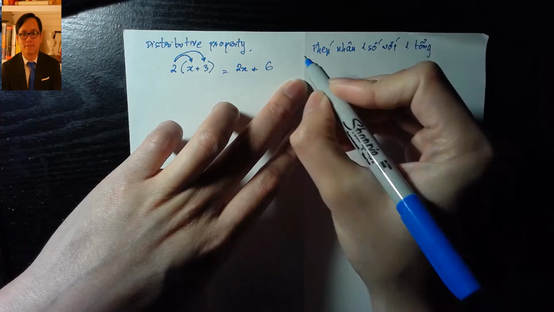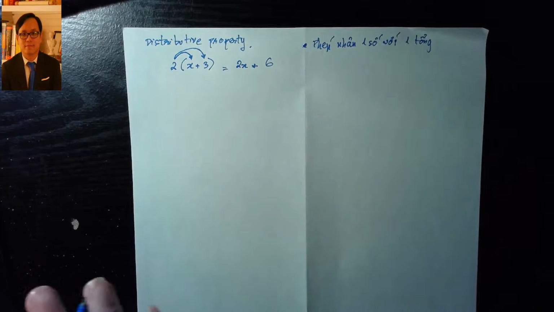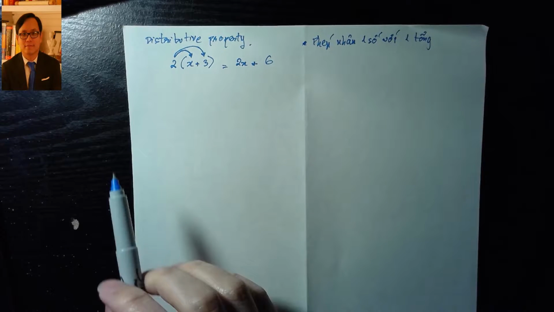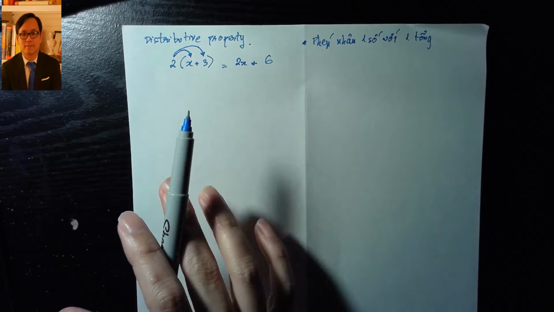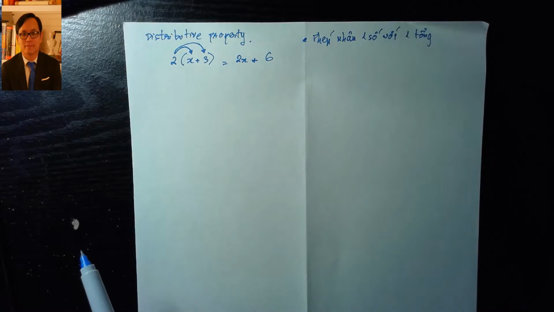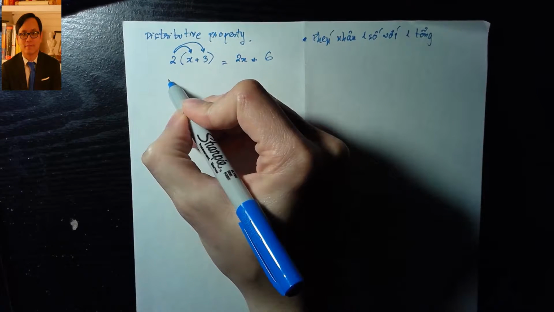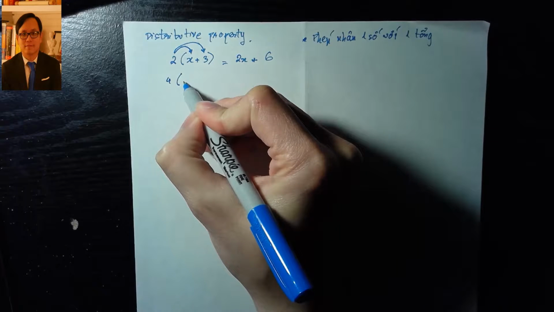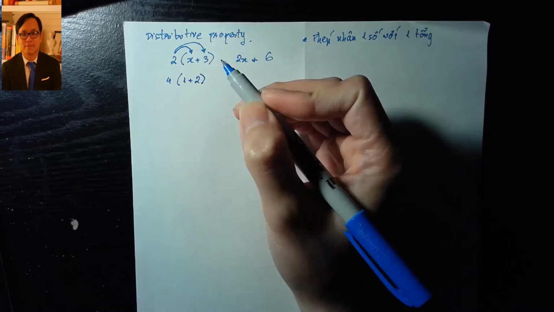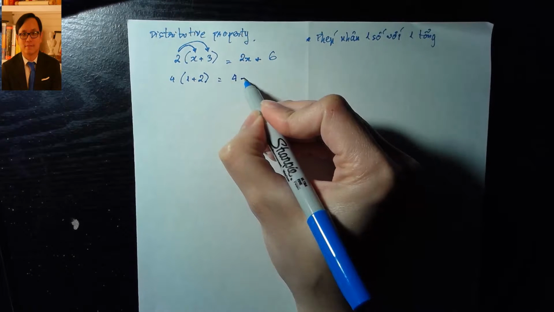Okay. So you see that in 7th grade mathematics, we take one number and multiply by a very simple sum, for example x plus 3 in this case, or sometimes we have 4 times 1 plus 2. Then we may have 4 times 1 is 4, and 4 times 2 is 8, we have 12.